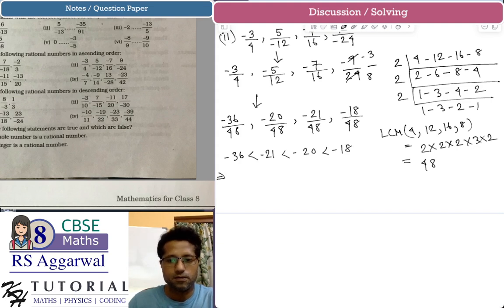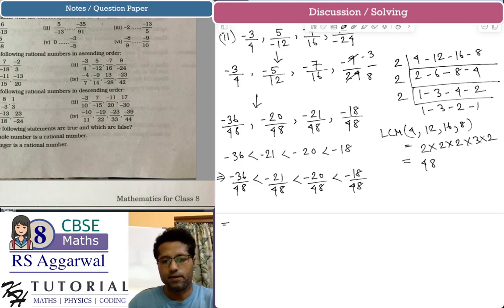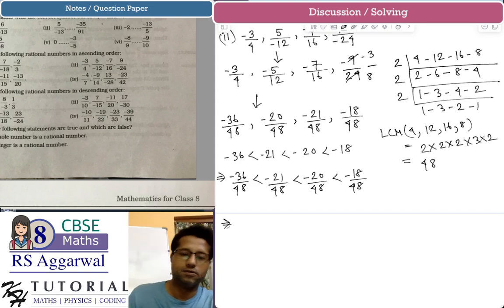So this implies minus 36 by 48 is less than minus 21 by 48, which is less than minus 20 by 48, which is less than minus 18 by 48. Now we can finally say the ordering of the original rational numbers in ascending order.